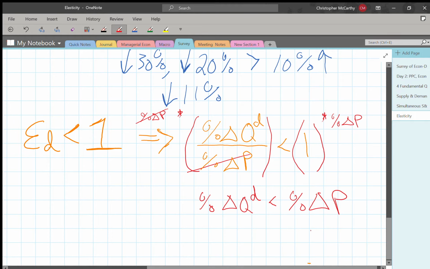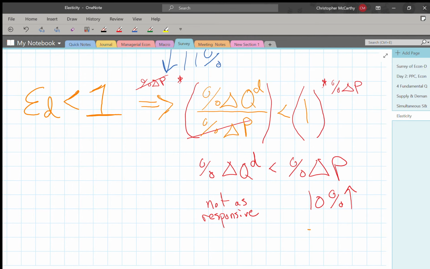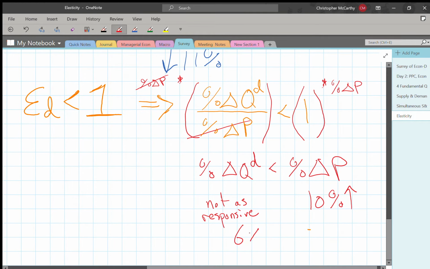So this means that if there's some sort of 10% increase in the price, my consumers are not as responsive, meaning that the change in the quantity demanded is only going to be something like 6%, because it has to follow this inequality, right? So it's got to be less than that 10%. So this is what we call inelastic.